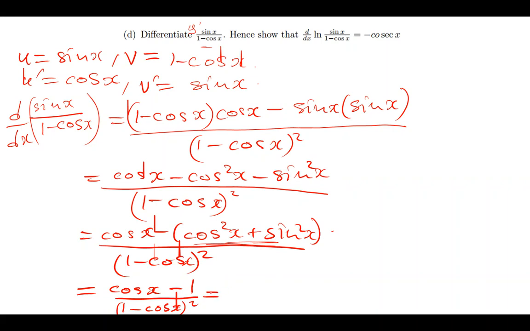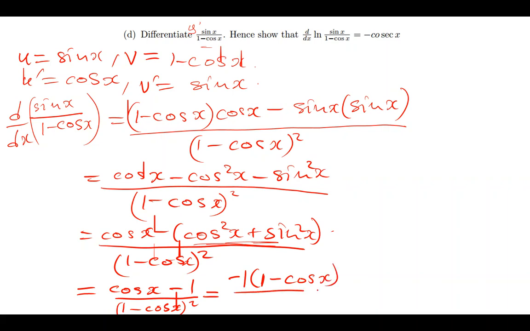When we simplify this, we can factorize the negative on top. You're going to have negative 1 outside, and in brackets, you're going to have positive 1, and then the cos will become negative cos x.